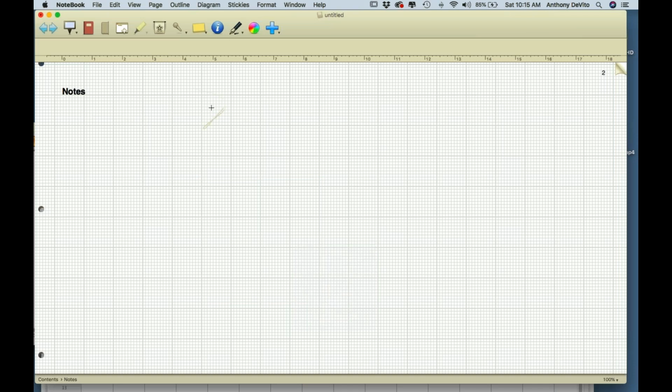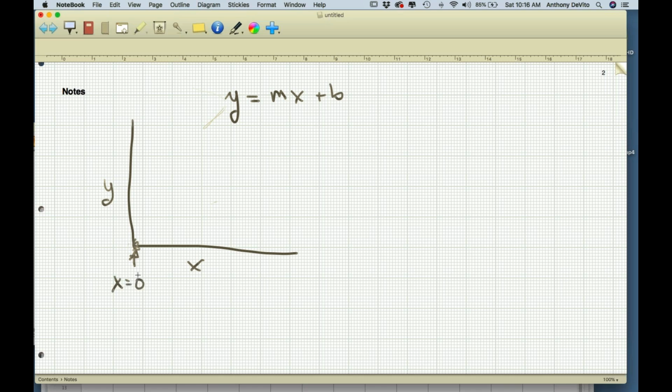Okay, so what are those two values? Well, back when we were taking algebra, we used the formula y is equal to mx plus b. We knew that if we drew a line, and this was the x-axis, this is the y-axis, the place where that line crosses the y-axis is when x is equal to 0. That's called the y-intercept, the place where the line crosses the y-axis, right?